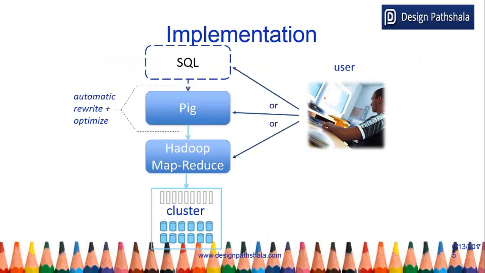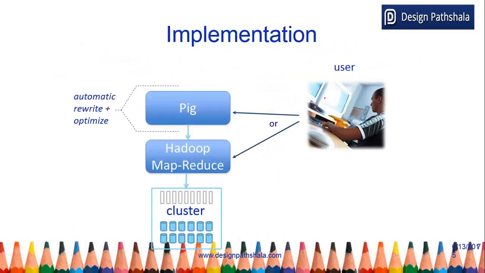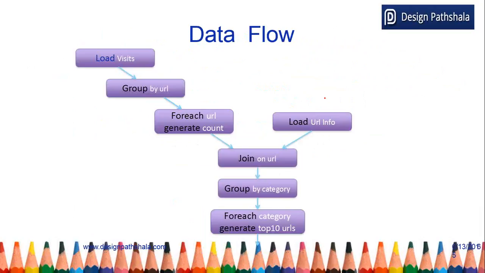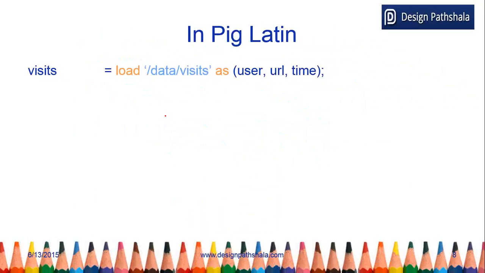But let's look at the Pig part. First we were doing load visits, that is, loading the first file. Then we grouped this file by URL, and then we generated the count for each URL. So let's look at the Pig script.